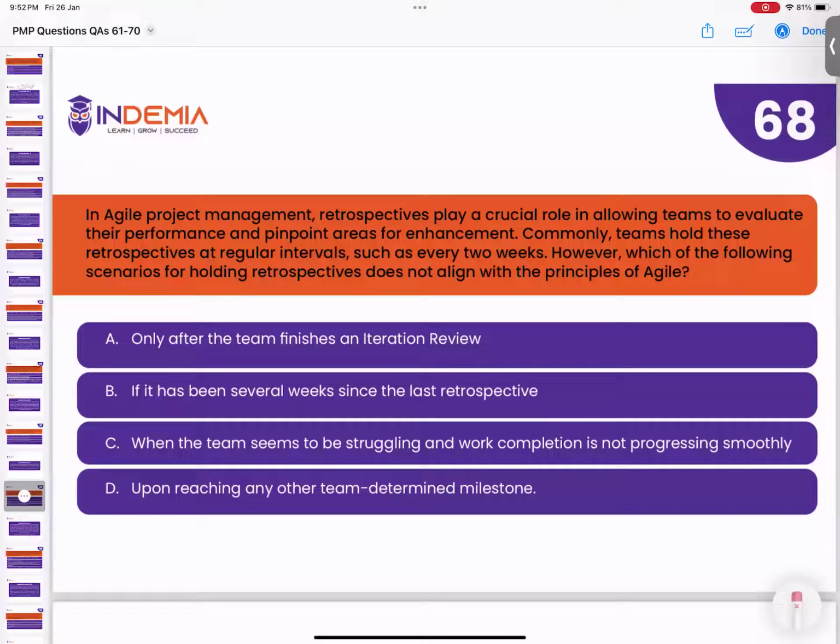If you exclude the other options from a language perspective, it's about determining. Option B says it has been several weeks, so it's not based on time. And upon reaching any other team milestones, again, it's not timed. It's not a timed process. You can do it 4 times per iteration, or you can do it 1 time. And if you don't need it, you may not do it.